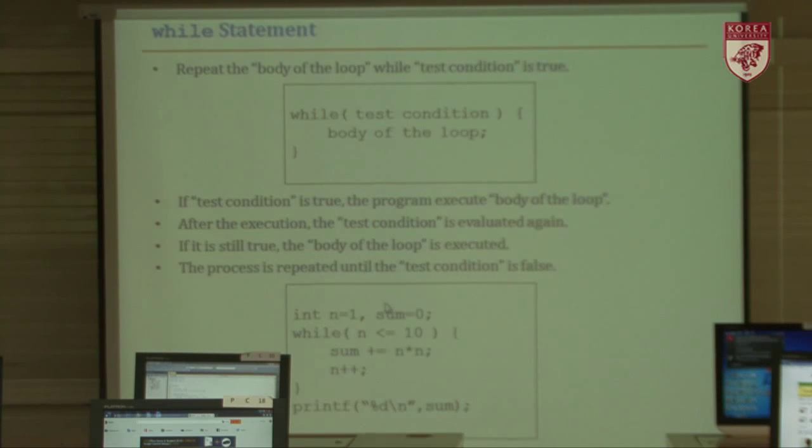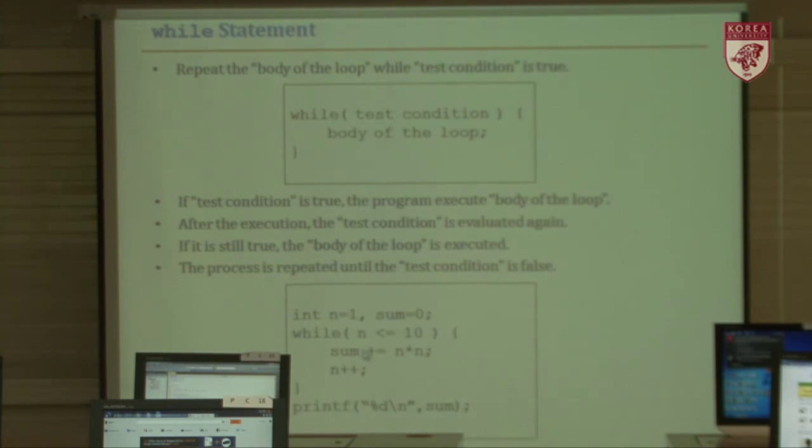So let's see what happened. At first n is 1. So at first this test condition is evaluated to check whether n is less than or equal to 10. At first n's value is 1, so this test condition is true.